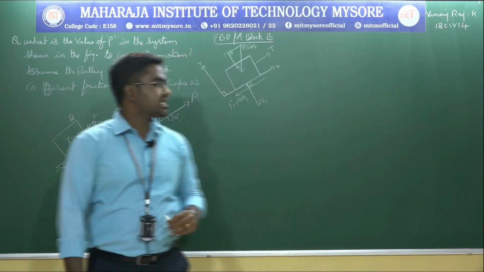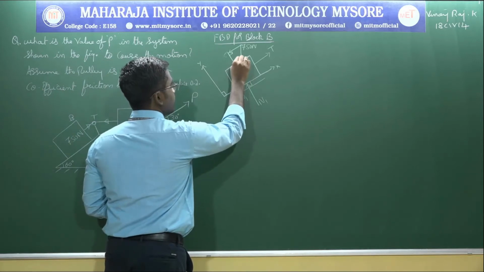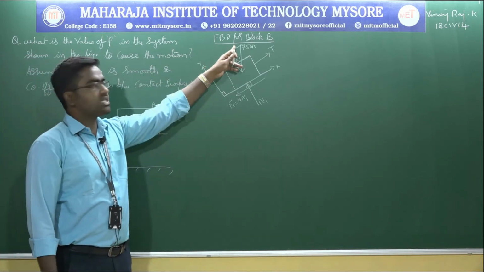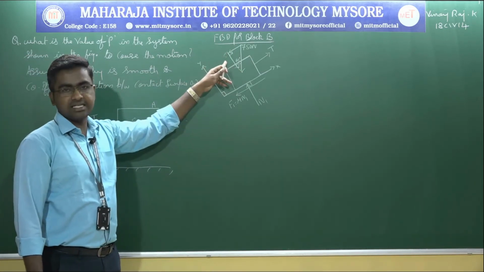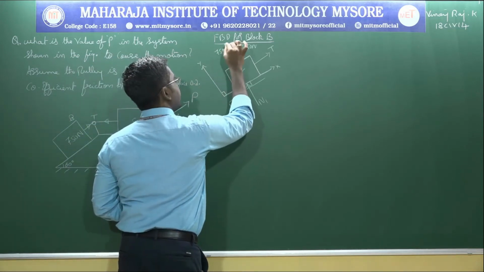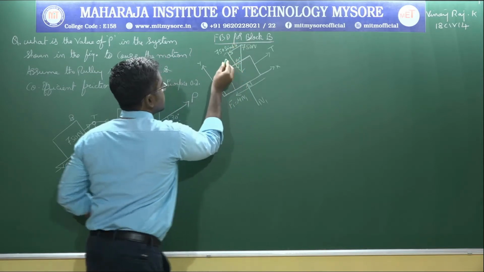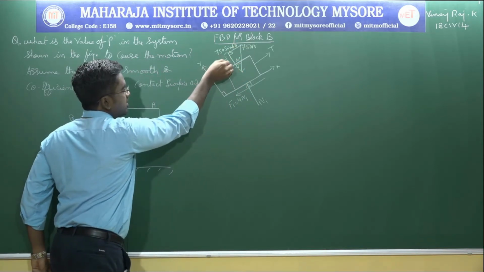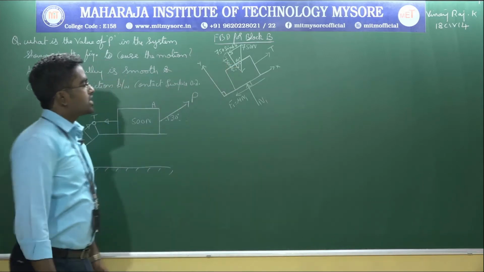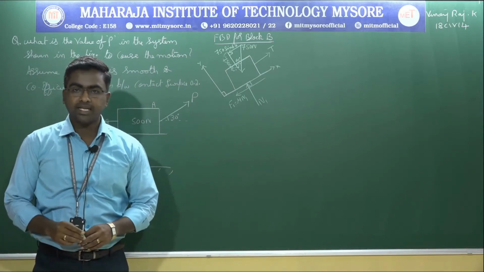If this angle is 60 degrees, then this angle will also be 60, right? According to this angle, this will be the opposite side and this will be the adjacent side. So this side will be 750 sin 60, and this will be 750 cos 60. This is how you need to draw the free body diagram, right?